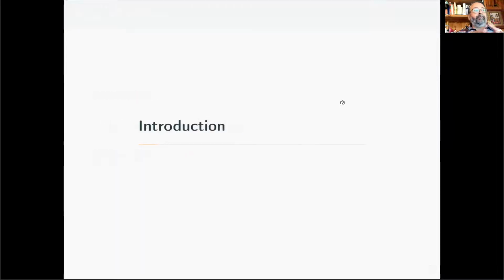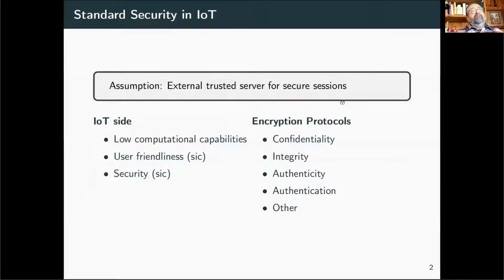So when we think about the IoT, the standard security assumption everybody makes is that the computations using the gathered data from the IoT are transported to a trusted external server using secure sessions.